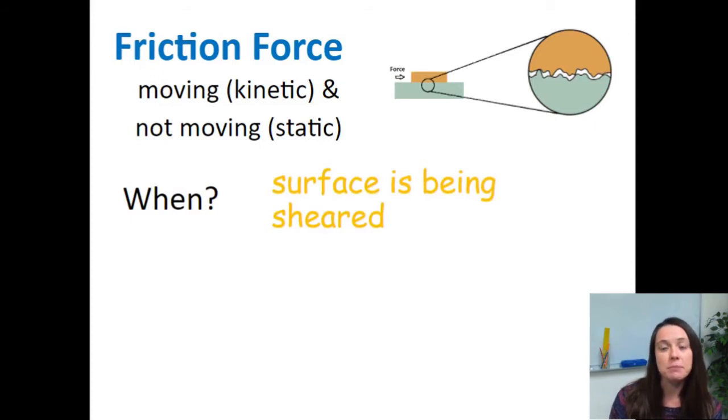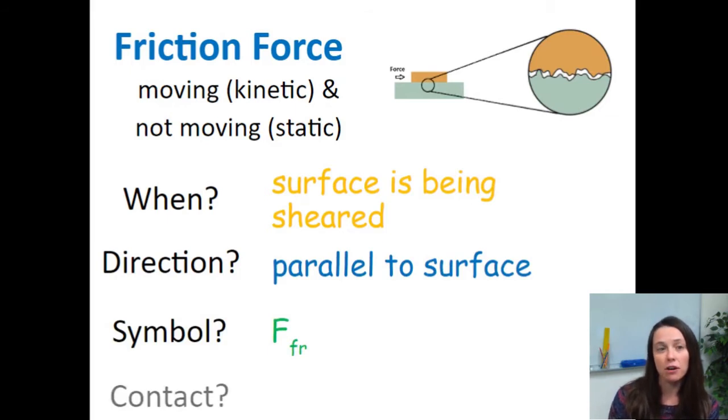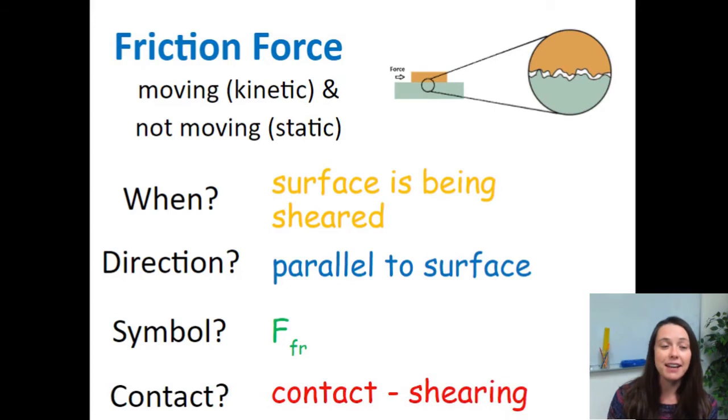Anytime a surface is being sheared. The direction of friction is always parallel to the direction of the surfaces that are in contact. The symbol we most often use for the force of friction is a capital F with a subscript FR. And this is definitely a contact shearing force.